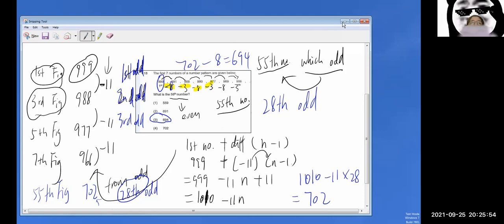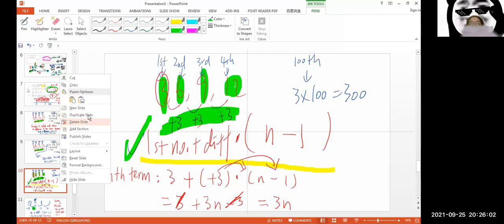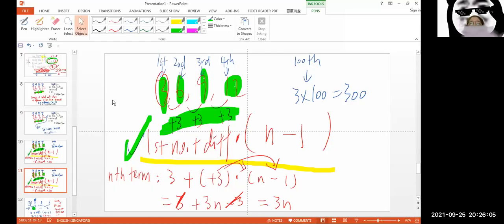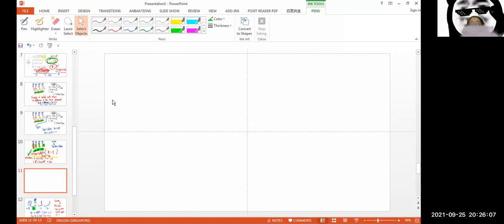The second type of number pattern, I'm going to show you. Let me show you the second type. It is about the last time, remember: this is one dot, and then this is accumulative. So this is 1, this is 2, then 3.